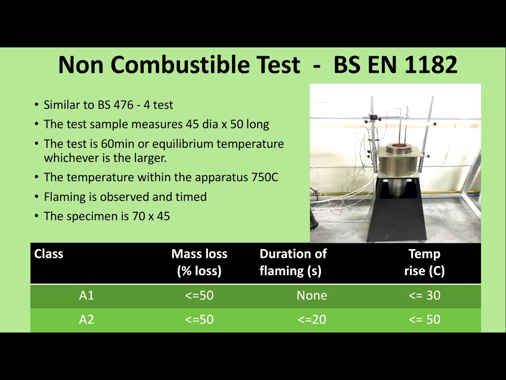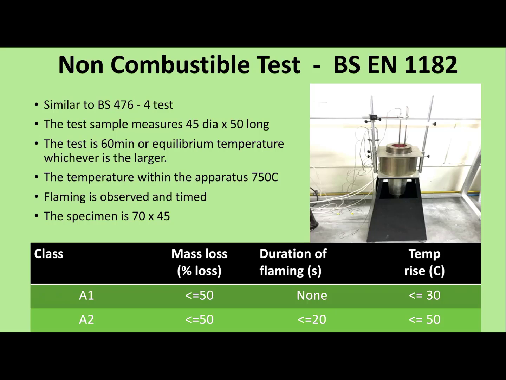It can't have any duration of flaming, although it will be allowed less than 5 seconds, because that's not considered significant. And the temperature rise of the furnace can't exceed 30 degrees. For A2, again, exactly the same, 50% mass loss is allowed. This time, the flaming duration can't exceed 20 seconds, and the temperature rise must not exceed 50 degrees.